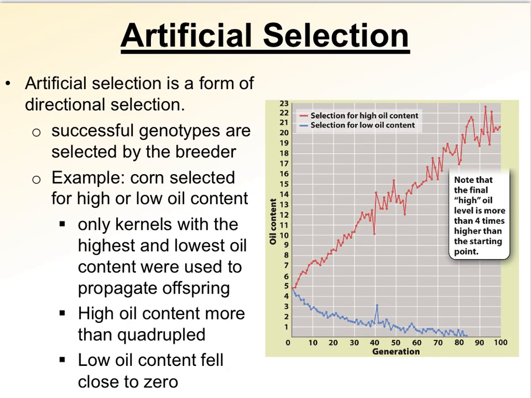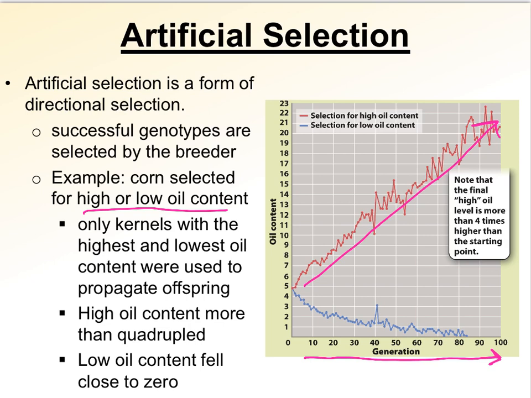And these corn are producing oil, and they might select for corn that has very high or very low oil content. And what they do is they just say if they're selecting for high oil content, then over generations of reproduction, as we move across the x-axis, we're only allowing the high oil content plants to breed with each other until eventually over time you have this very, very high oil production.